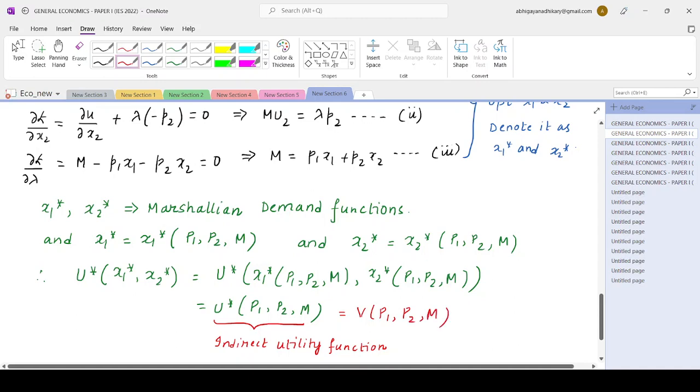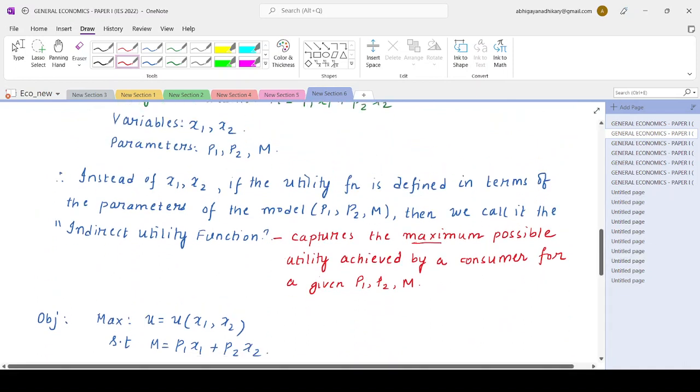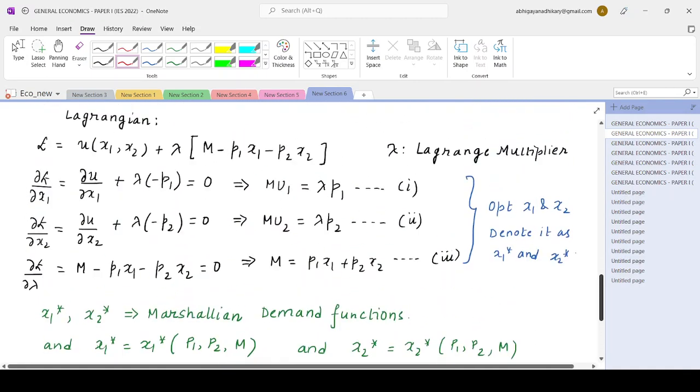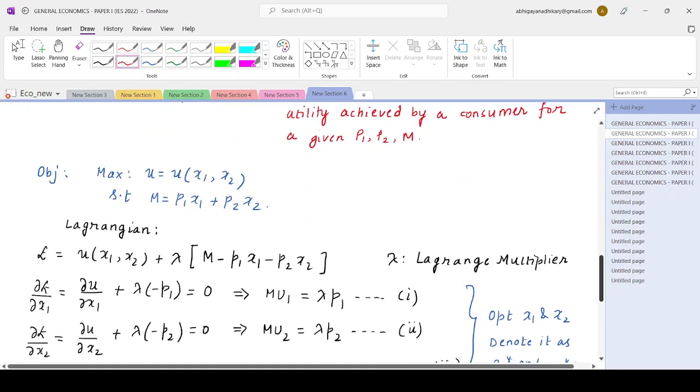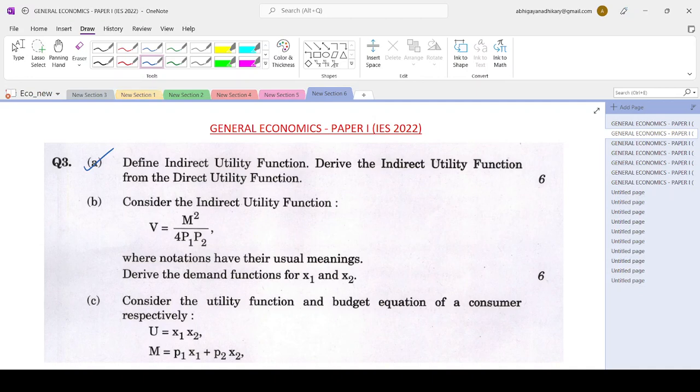That is why we call it the maximum possible utility, because the moment you substitute the demand, that gives you the highest level of utility you can obtain given a budget constraint. So the indirect utility function gives you the maximum possible utility that you can obtain given the price level and money income. That is how we derive the indirect utility function from the direct utility function, by simply performing the optimization exercise. So this is part A of the question.